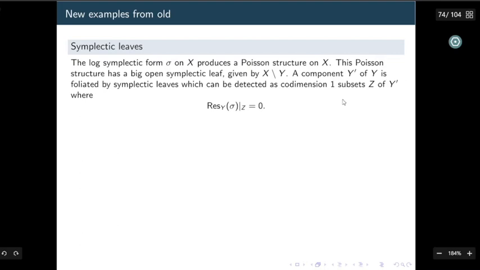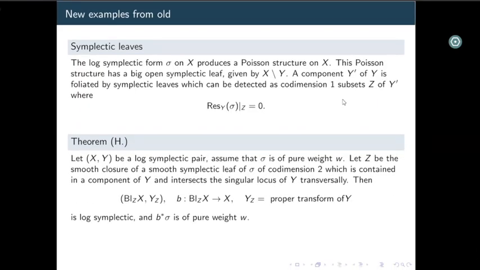You can also find symplectic leaves in the components of the boundary divisor, and these can be detected in the following way. You take your symplectic form sigma, and you take its residue along the boundary divisor Y. Then you look at the subvarieties along which this residue of the symplectic form is equal to 0. This will give you some sort of foliation, and these things are leaves of your Poisson structure. So the theorem is that by using leaves of this Poisson structure, you can produce new log symplectic pairs. Okay, so the theorem goes as follows.